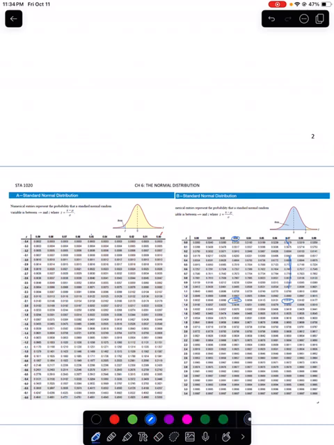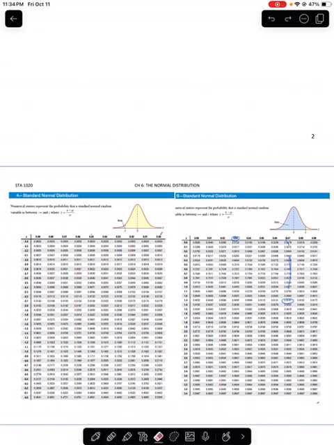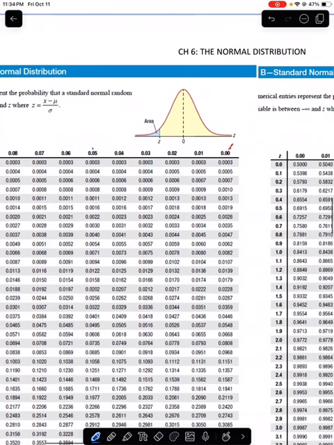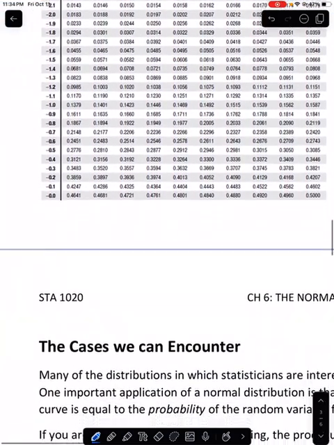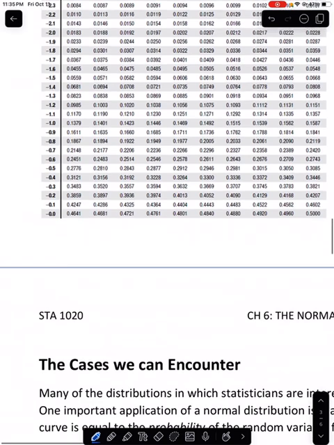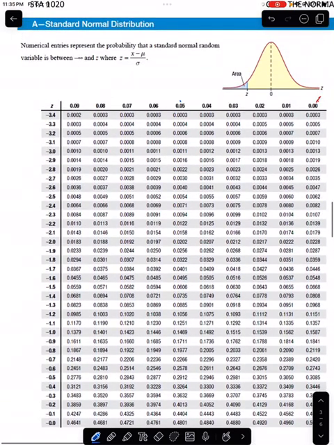Okay, let me clean this table. Now negative 2.03. Negative 2.0, where is that? Can you look at it? Negative 2.0. Oh, there it is.